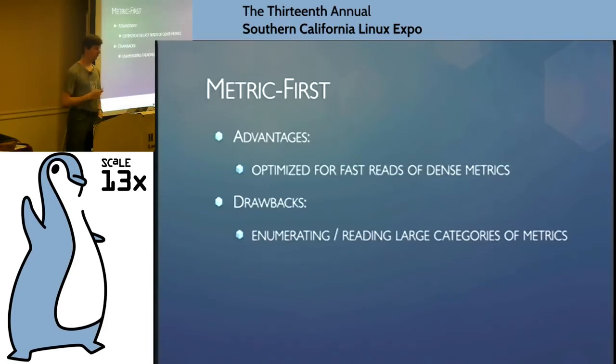So the advantage of metric first is that those dense metrics like CPU and so forth can be read very fast along any given time range. The drawback is that if we're looking at the sparse metrics over a particular time range, in a lot of cases, if we have, let's say, 10 million metrics that we're trying to rank and aggregate, a lot of those metrics won't even exist during that time range.